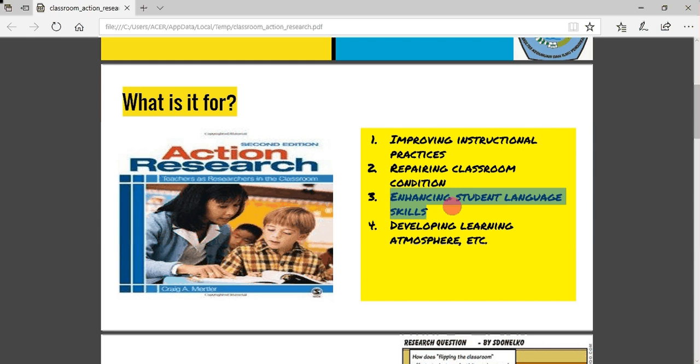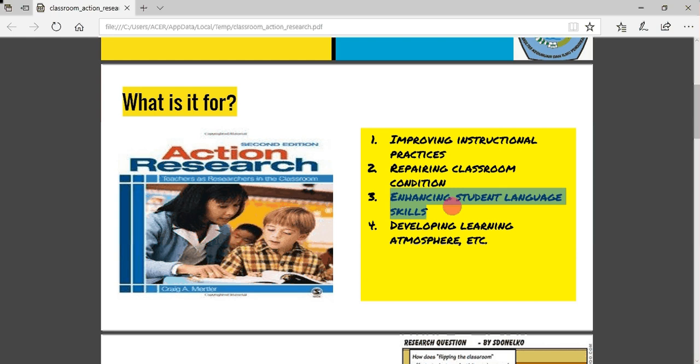And when you think about student performance in writing, or let's say in speaking, then you think again how to overcome, how to solve the problem, how students are able to improve their speaking, and what problems cause this condition.